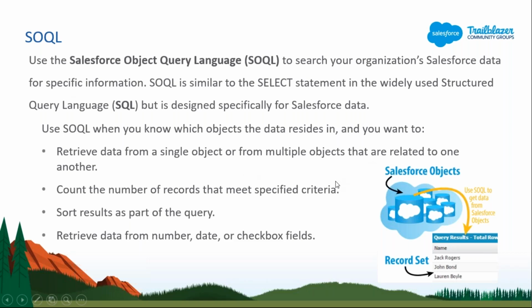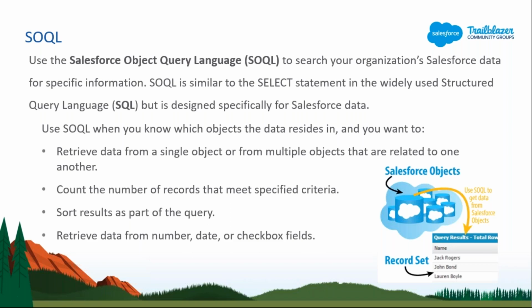So this is SOQL, and it will return an object or a list of records from a particular object. SOSL will return a field type.